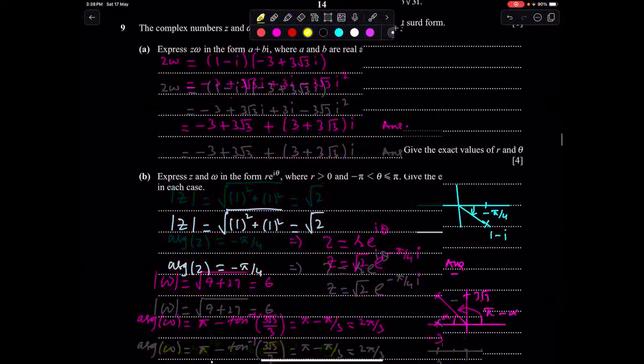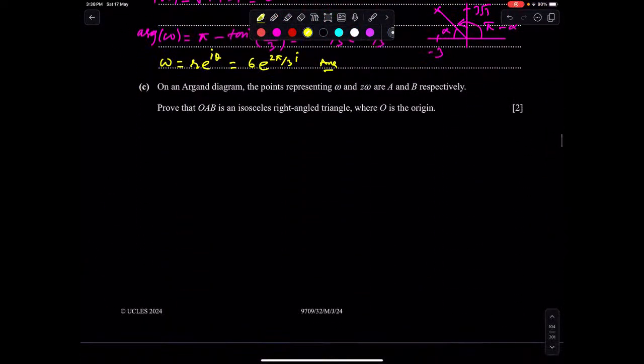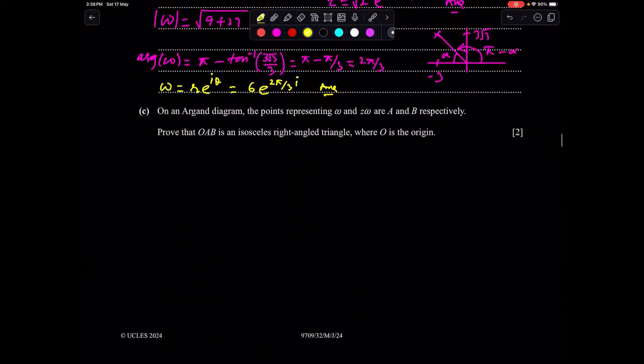Next part. On an Argand diagram, the points representing omega and z omega are A and B. Prove that OAB is an isosceles triangle.